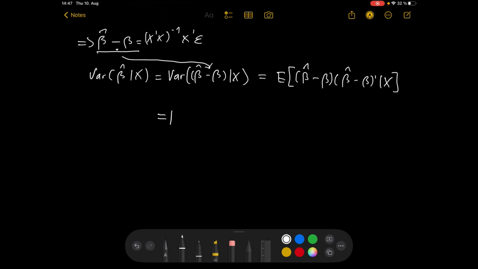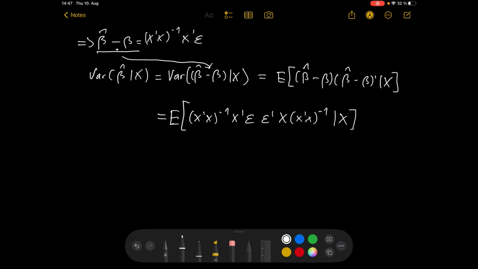Then we can plug in what we had here. So we get the expected value of x prime x inverse x prime epsilon epsilon prime x x prime x inverse, conditional on x.